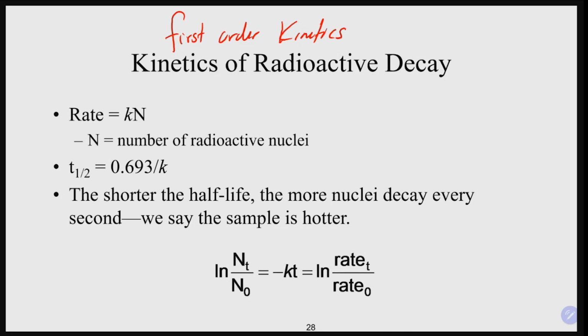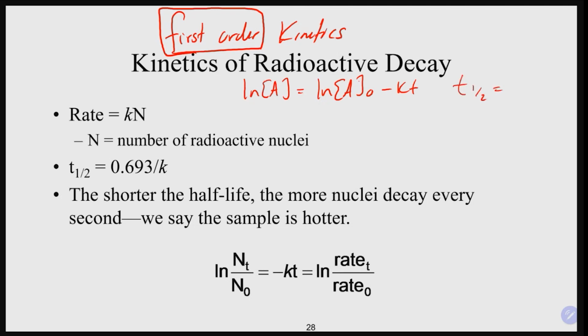They will use some different symbols sometimes because it's nuclear chemistry, but it ultimately is the same 2 equations. To remind everybody about the 2 equations for first order kinetics, you take the natural log of A is equal to the natural log of A naught minus KT, where the half-life is the natural log of 2 divided by K, which is the rate constant.